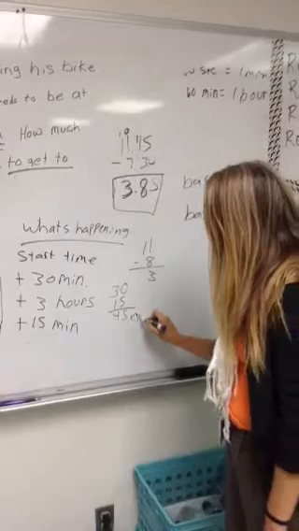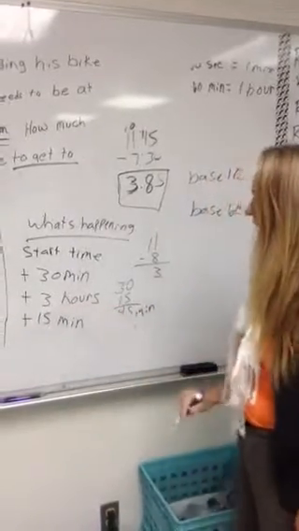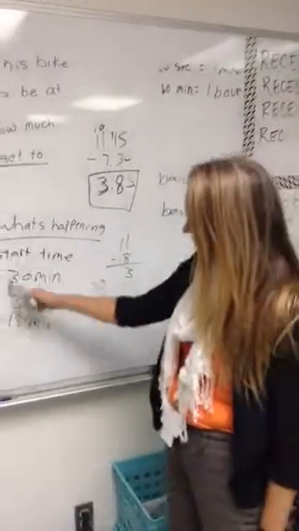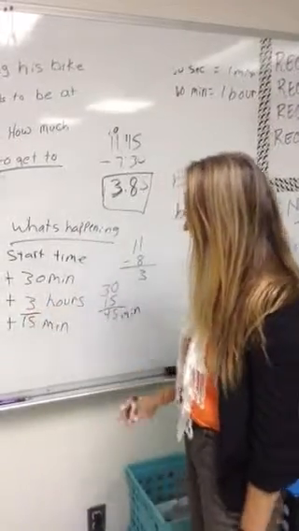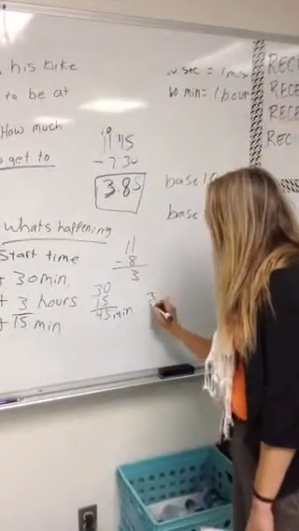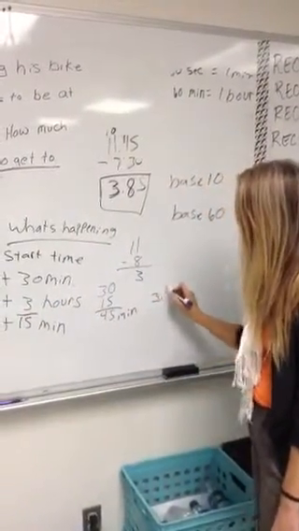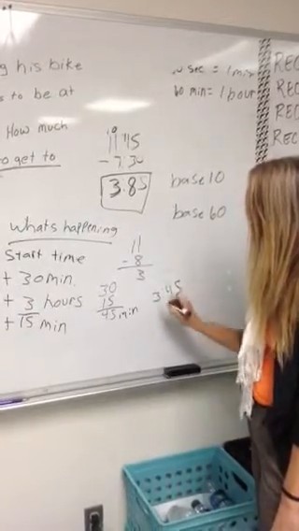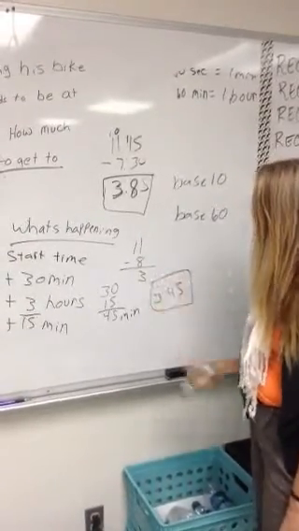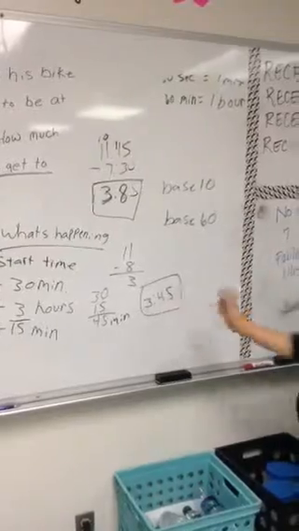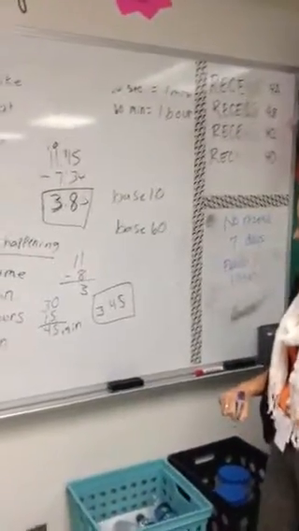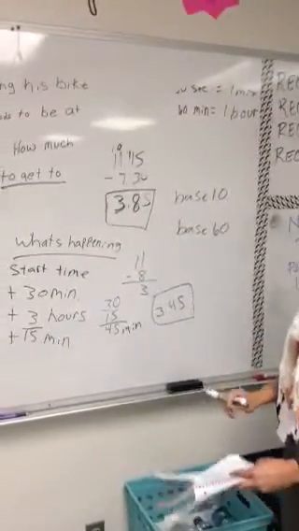The next thing we would do is add our hours together. Well, we only have one set of hours, so we'll add 3 hours plus 45 minutes, which equals 3 hours and 45 minutes. And that is our elapsed time.